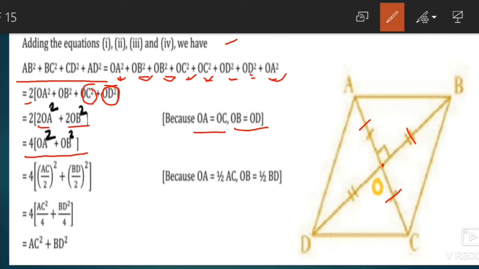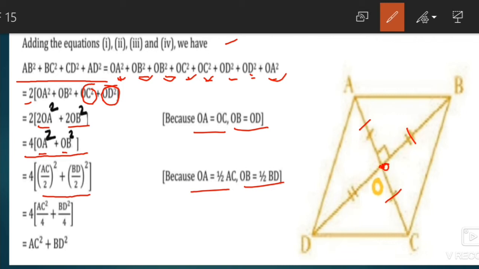Since O is the midpoint of AC, I can write OA is equal to half of AC. Similarly, OB is half of BD. So in place of OA and OB, I am writing AC by 2 and BD by 2. Since square is also there, it will become AC by 2 whole square plus BD by 2 whole square.